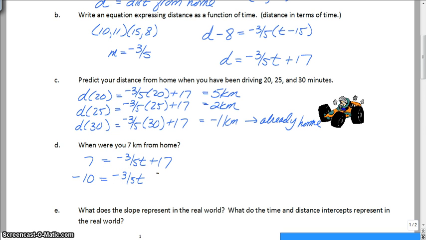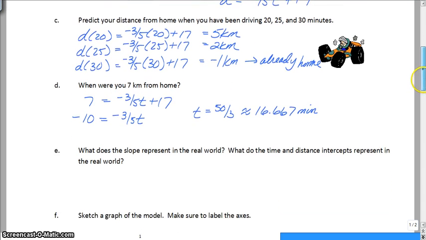Multiply both sides by a negative 5/3, and you're going to get t is equal to 50/3, but we could say that it's approximately 16.667 minutes. You're not going to walk around and say, yeah, it was 50/3 minutes. So you can write this as a decimal. Remember our classroom rule of 3 decimal places. Even though you probably wouldn't say 16.667, you understand.